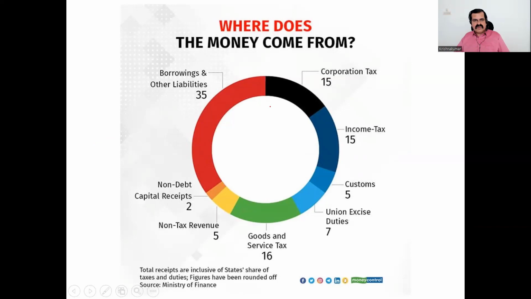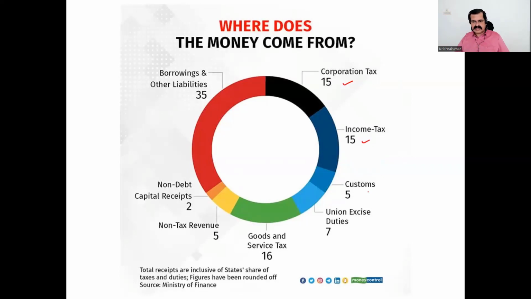Now let us look at from where government gets money from. Now, one look at the chart will tell you that majority of the amount comes through taxes. Corporation tax, which is the money paid by corporates, companies, by way of tax.